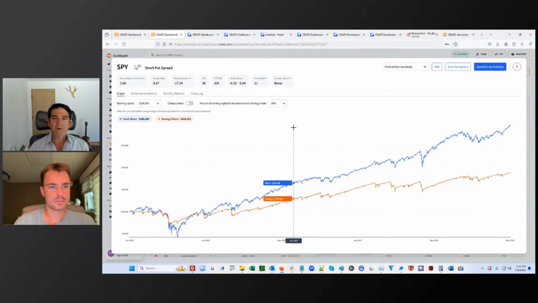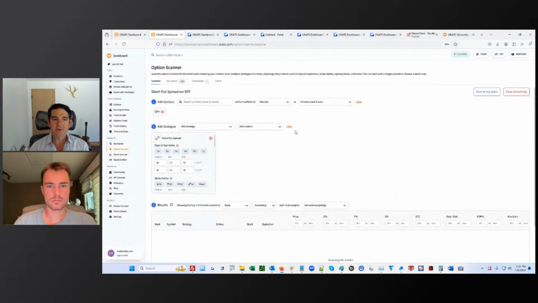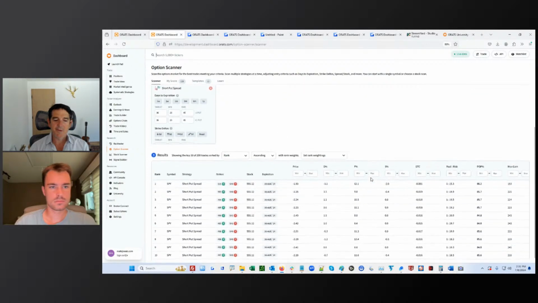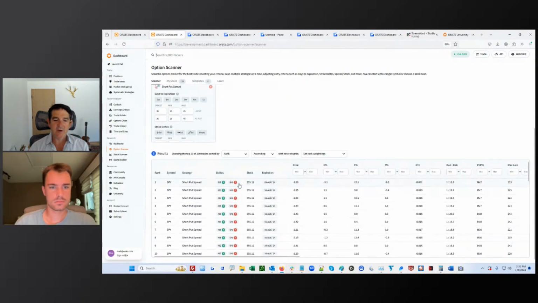So why don't we put a trade on for the strategy, and we do that by scanning for options. So it's finding these trades here, and it's ranking these based on a distribution.